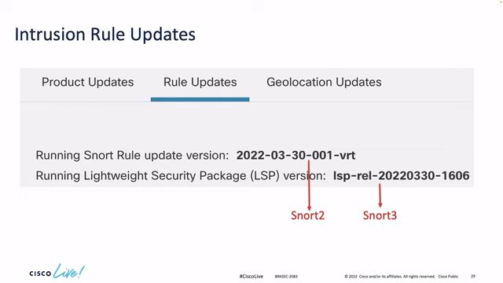LSP stands for Lightweight Security Package, and this is relevant to the IPS policies which are configured on Snort3. So in a hybrid deployment, which includes devices that are running on Snort2 as well as devices that are running on Snort3, you would see two updates being downloaded as part of rule updates on FMC.